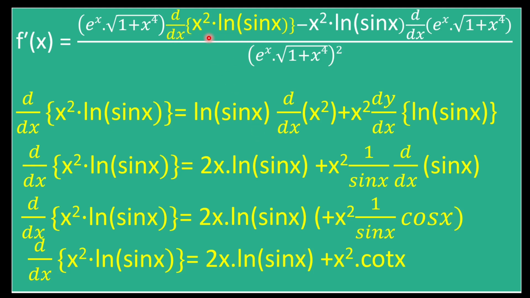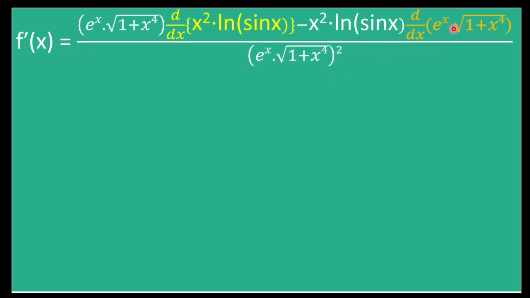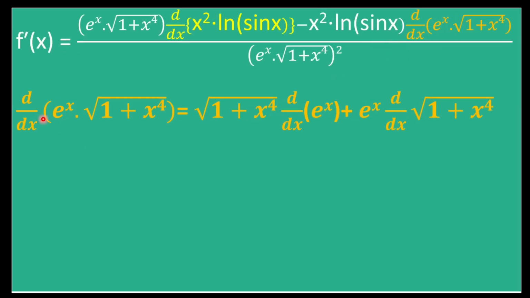Now we can put this value over here in place of this, but before putting this value over here, first we will differentiate this term. So let's differentiate this term. This e^x into square root of 1 plus x to the power 4 is also in product form, and we will apply the product rule over here.